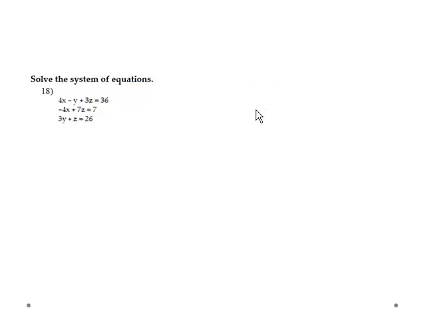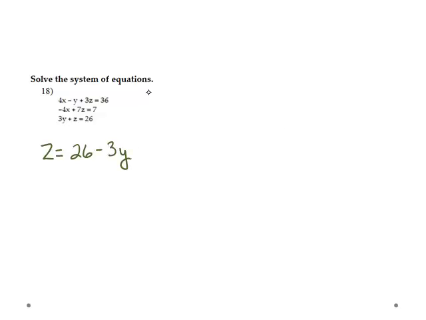Now we've got 3 equations. Let's see. What can we do here? We can substitute z from the third equation. z equals 26 minus 3y.